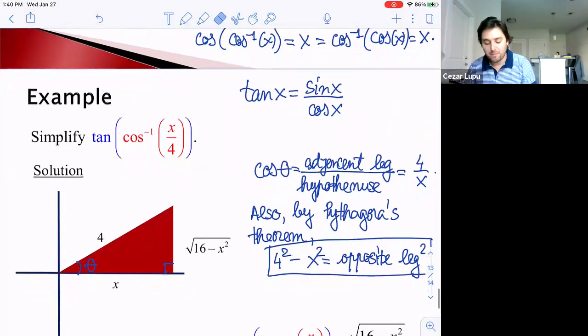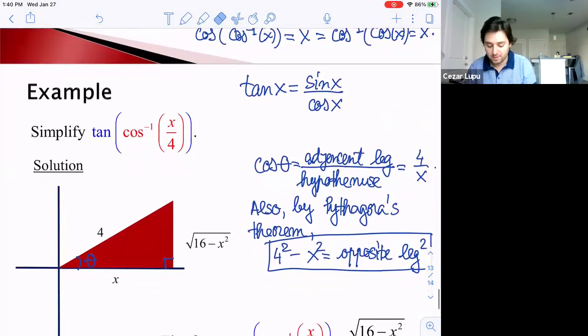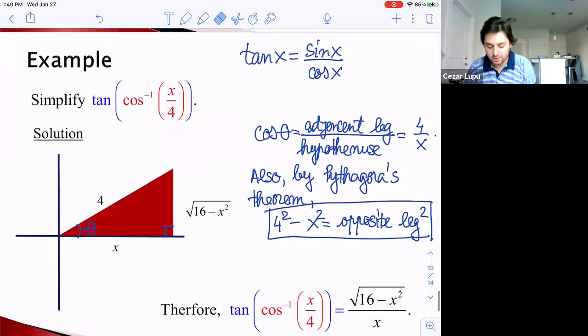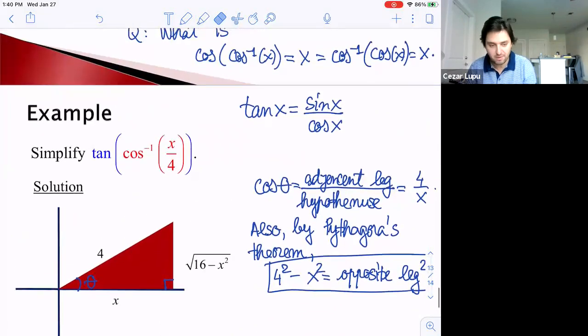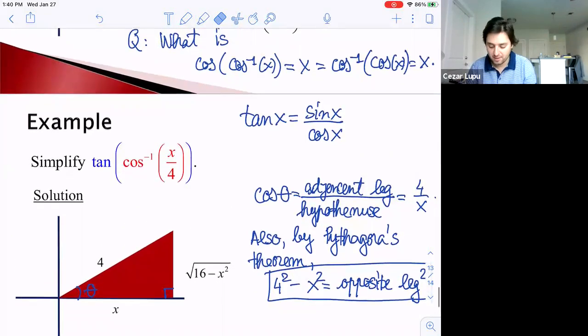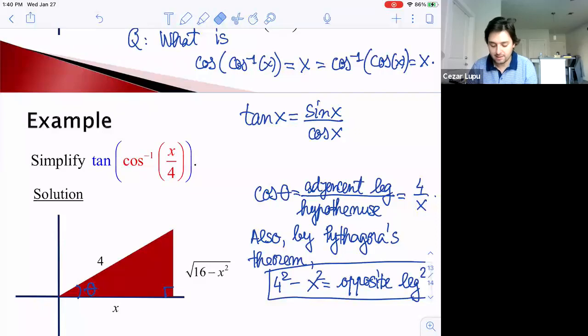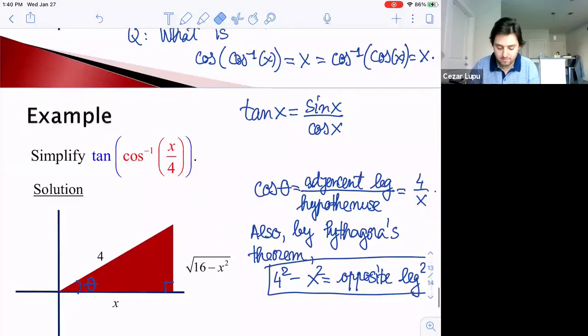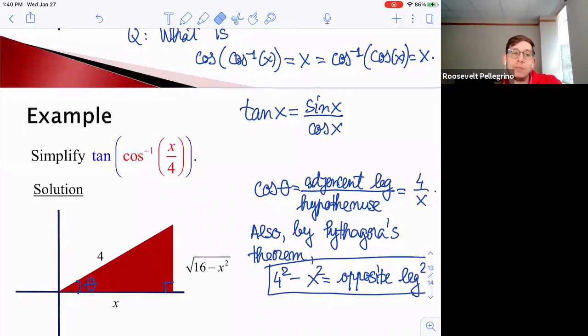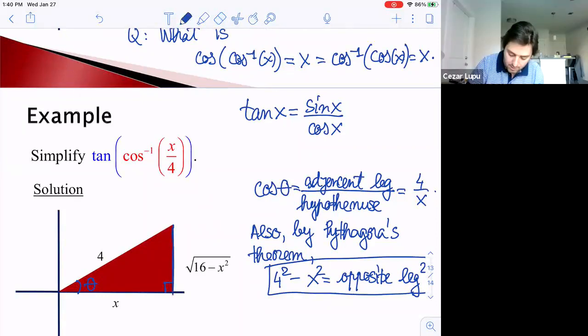All right, so by Pythagoras we have this. Therefore, you can write the tangent. So what is the tangent? Just by looking at this, you know that the second leg, the opposite leg, is this, right? SOH CAH TOA. The opposite leg is the square root of 16 minus x squared.